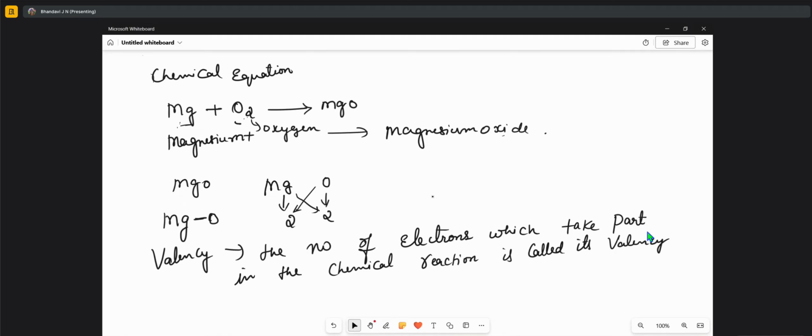In magnesium, 2 electrons will take part. Oxygen also 2. So 2 magnesium electrons take part and oxygen also 2 electrons. That is why 2 magnesium atoms combine with 2 oxygen atoms to form magnesium oxide. Or in the other way, you can also write it as 1 magnesium combines with 1 oxygen.